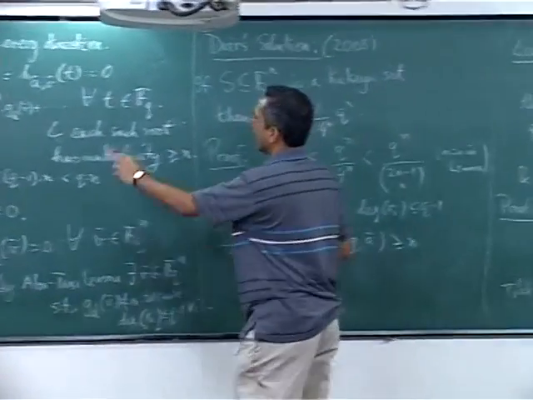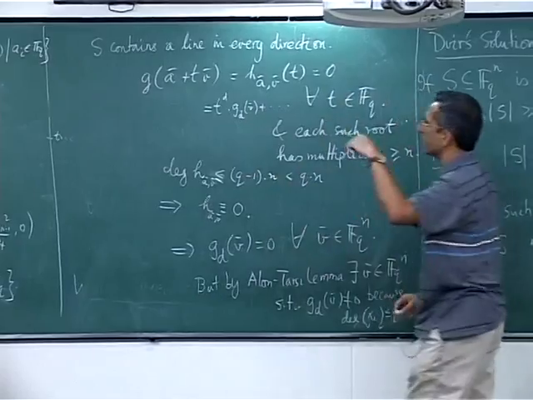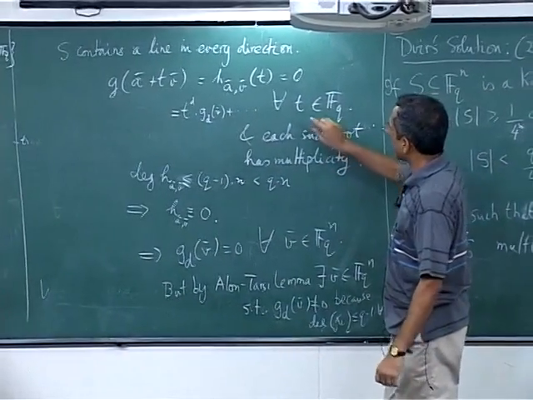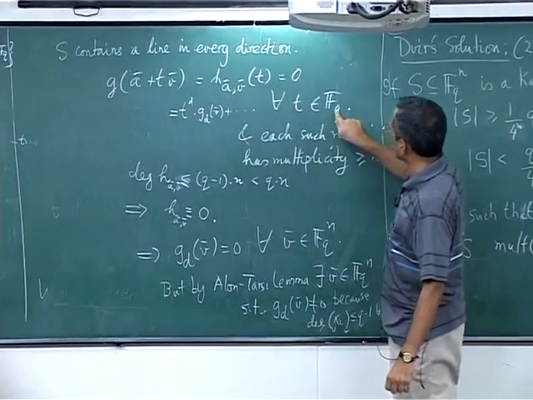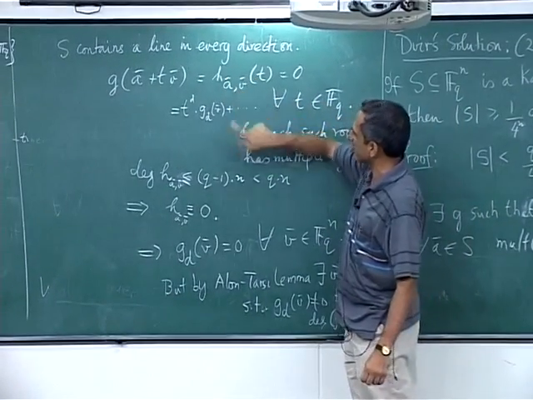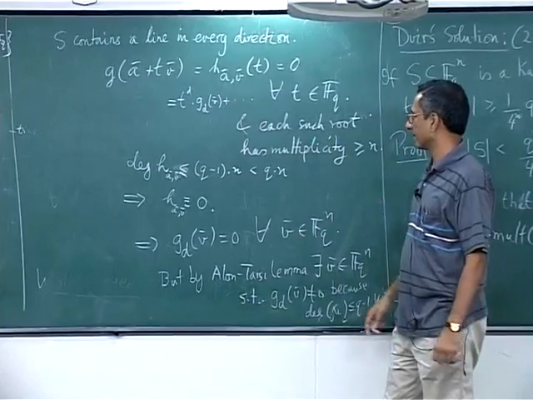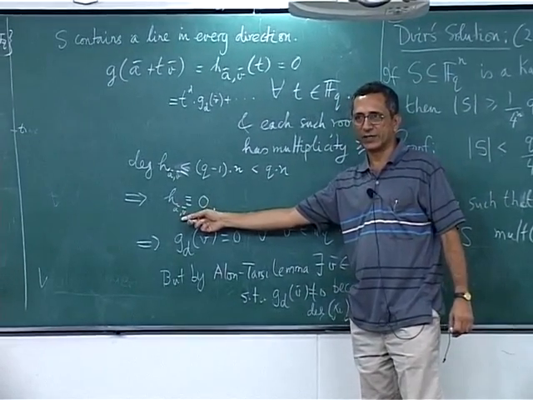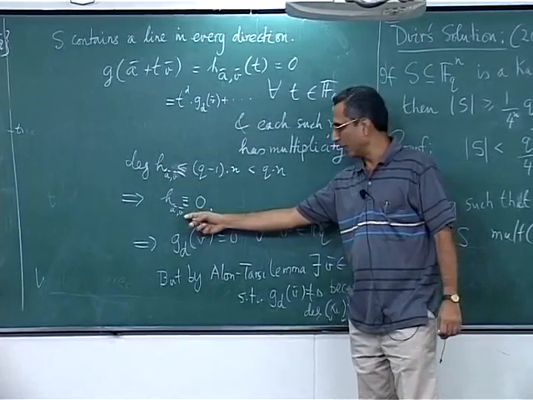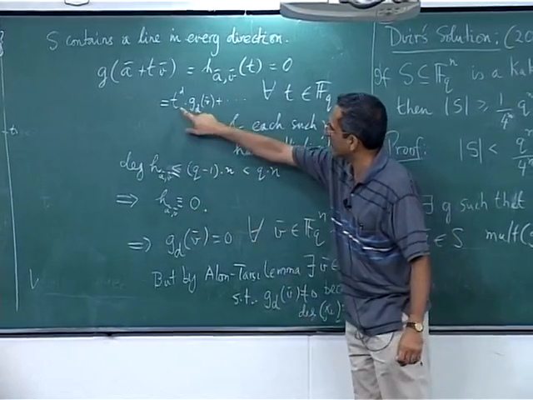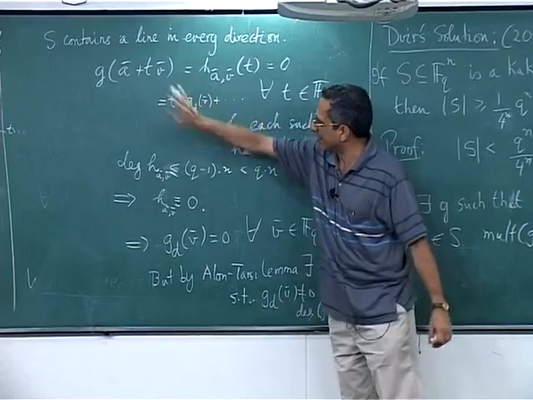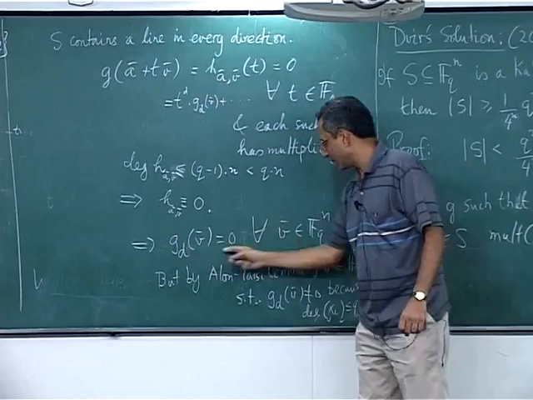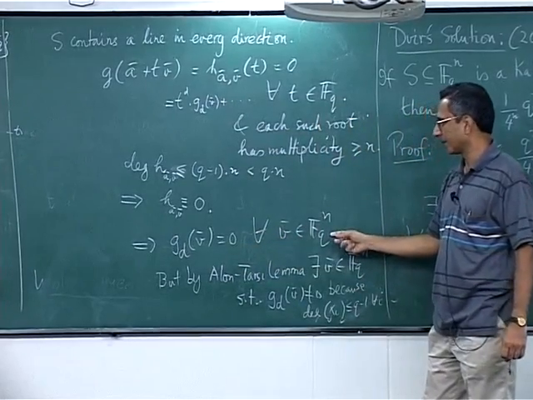The fact that every point of the Kakeya set is a 0 of G with high multiplicity tells you that each element of Fq is a root of the polynomial HAV with high multiplicity. That is what forces the polynomial HAV to vanish. Once that vanishes, you simply pick the coefficient of t power d, where d is the total degree of G. That must vanish at all the points.